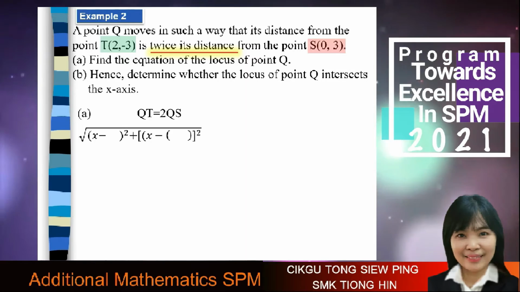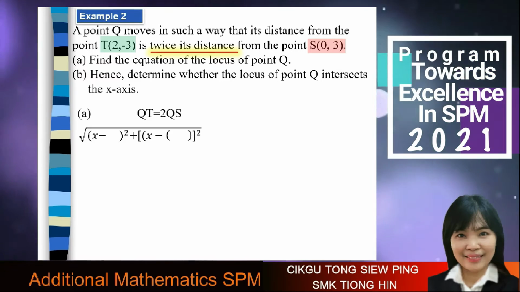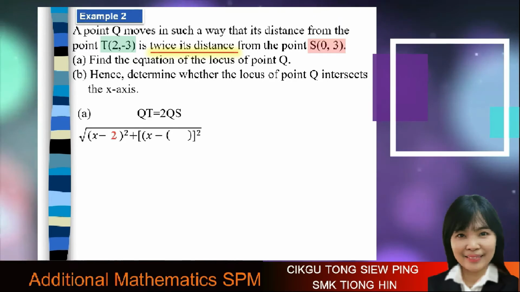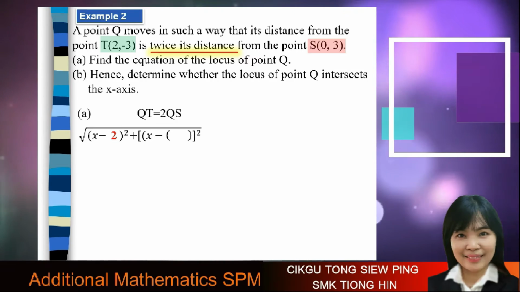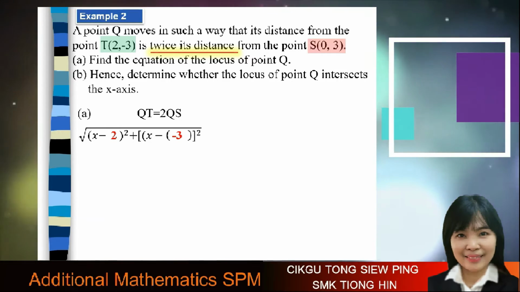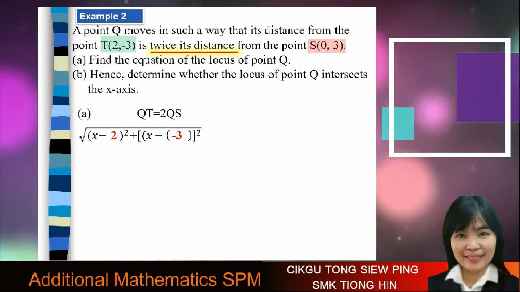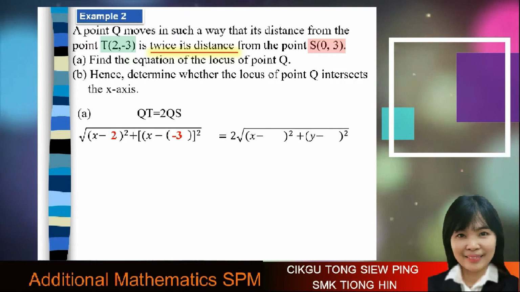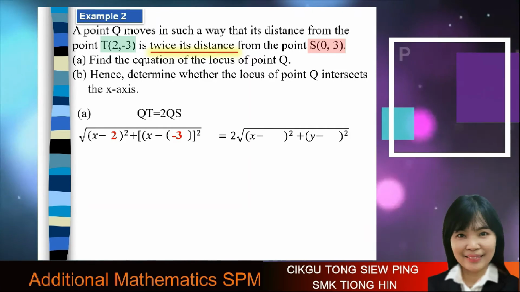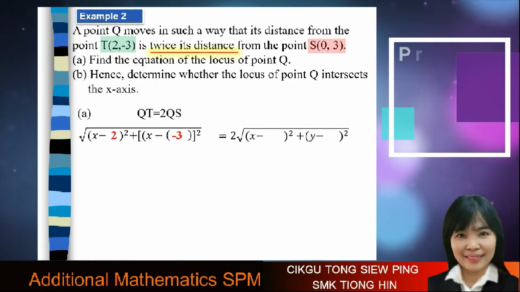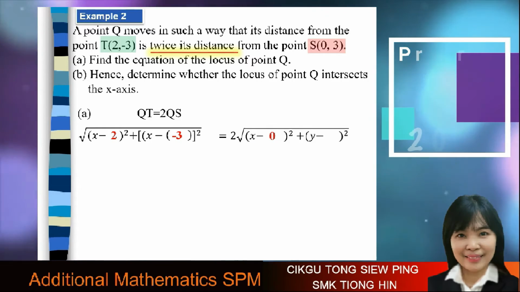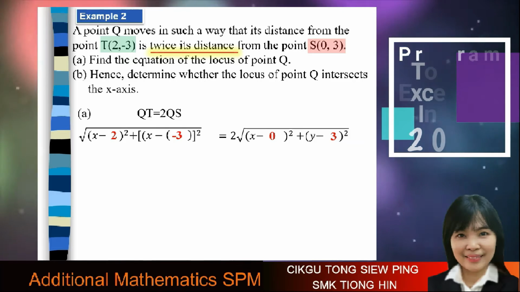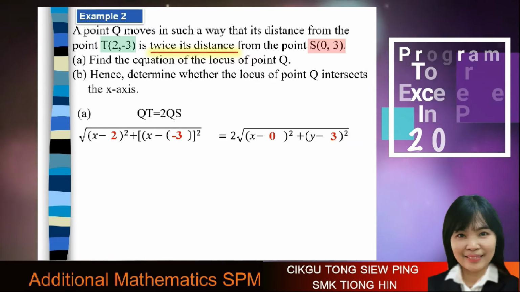Substitute the coordinates of T, that is x coordinate is equal to 2, y coordinate is equal to negative 3, into the distance formula. And similarly for the right hand side, we substitute the coordinates of S, that is x value of 0 and y value of 3, into the distance formula.